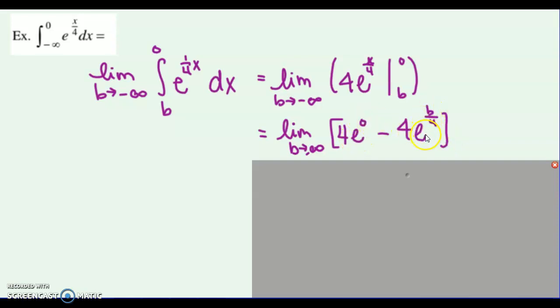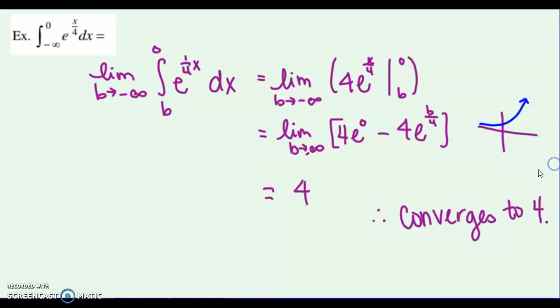And when we're taking e to a really large negative number, we need to imagine what e looks like. E is an exponential function that as I go to the negatives, I get infinitely closer to 0. So this term will disappear and become 0. So all we're left with is 4. So this converges to 4.